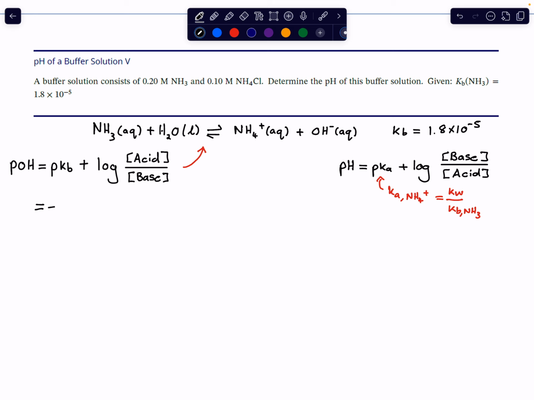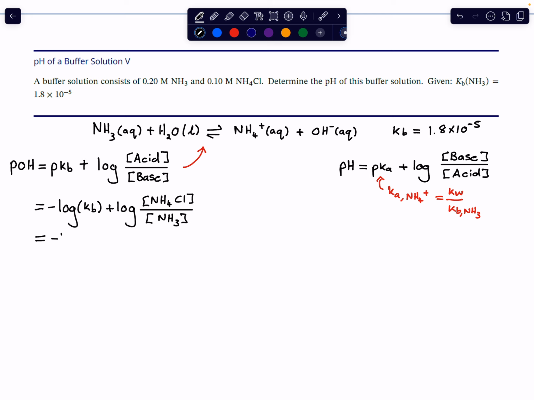So let's calculate the pOH. This is equal to minus log of Kb plus log of our acid. Our acid is NH4+, which will be equal to the ammonium chloride solution concentration. Our base is NH3.